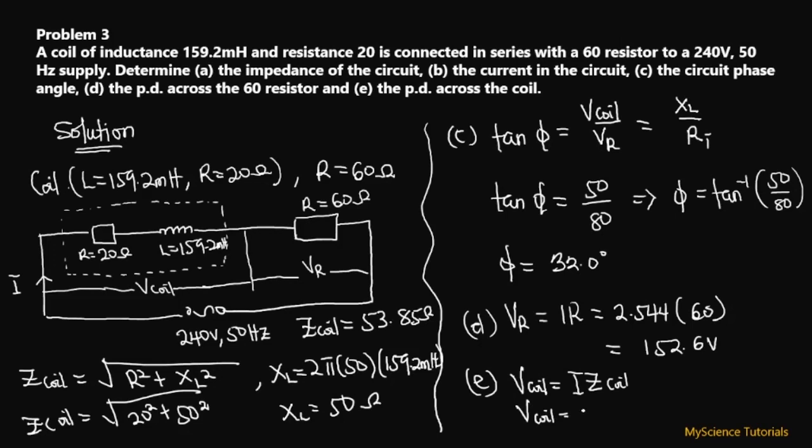We already found our current to be 2.544, multiplied by the impedance of the coil, 53.85. If you multiply 2.544 by 53.85, we are going to get 137 volts as the potential difference across the coil.